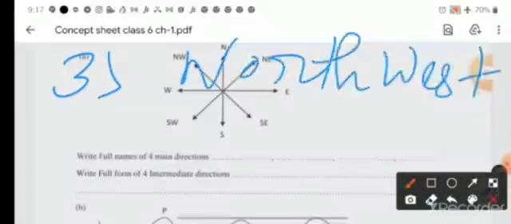the first one is northeast. The second one is southeast. The third one is northwest.